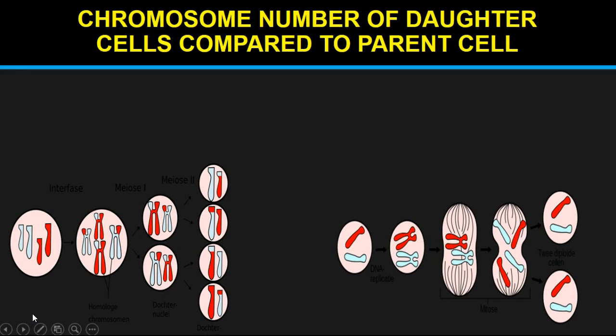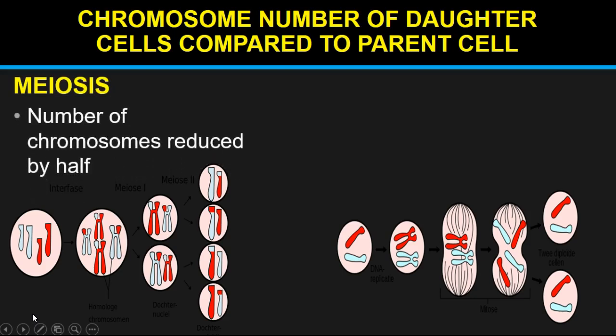And then we want to talk about how the chromosome number in daughter cells compares to that of the parent cell. And in meiosis, we see that the number of chromosomes in the daughter cells is reduced by half in comparison to the parent cell.